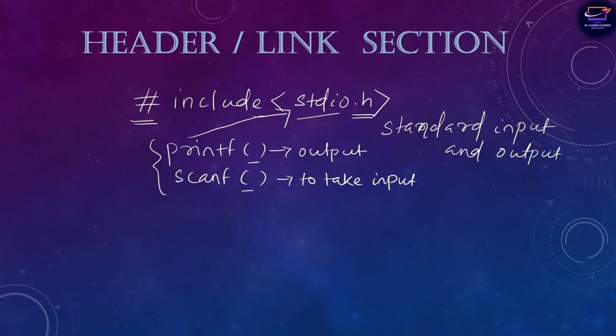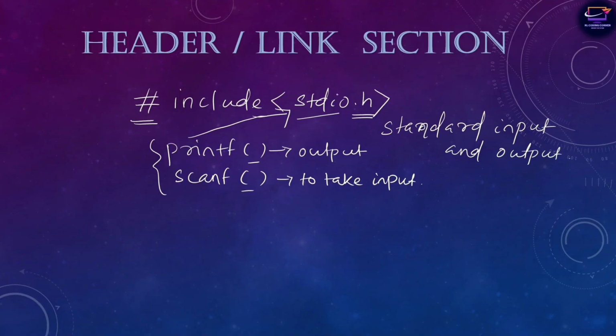Why so? Because compiler does not understand what printf or what scanf is. So you have to provide the code, and when the compiler looks at that code, only then will it understand that printf means it has to print something. And where is the code for these functions written? In the stdio.h header file. It is already defined in it.